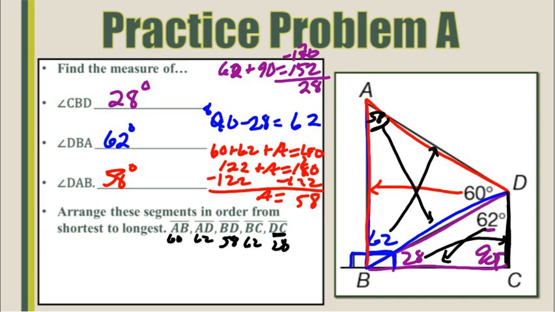So the shortest one has to be DC. Then comes BD.